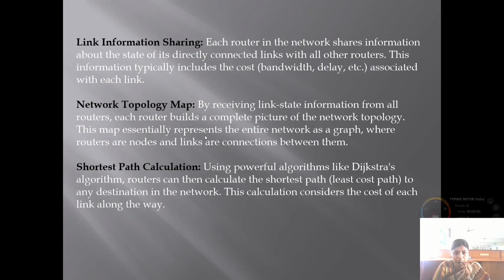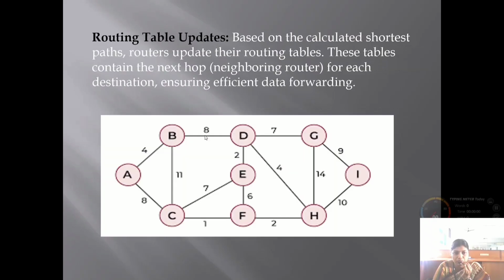The network topology map represents the entire network as a graph in which routers are nodes and links are the connections between them. For shortest path calculation we use a powerful algorithm, the Dijkstra algorithm, so routers can calculate the shortest path to the destination in the network. This calculation considers the cost of each link along the way.